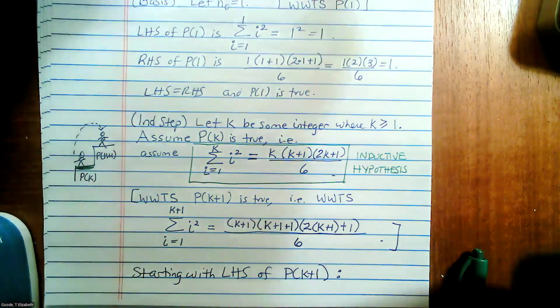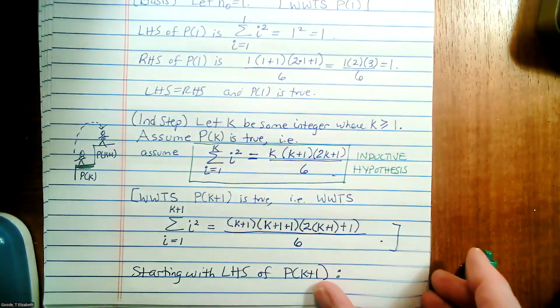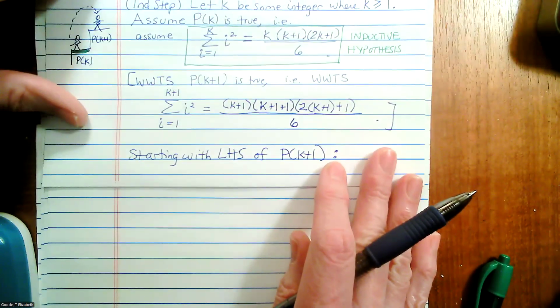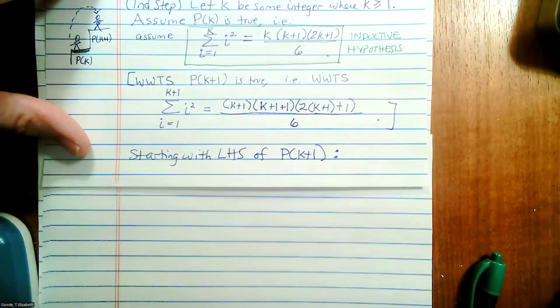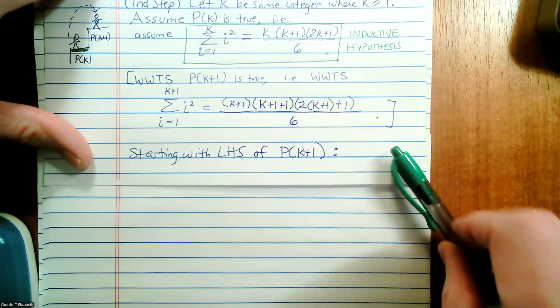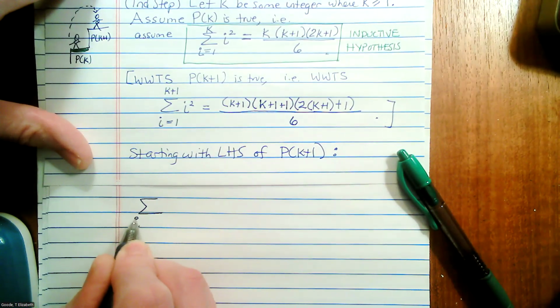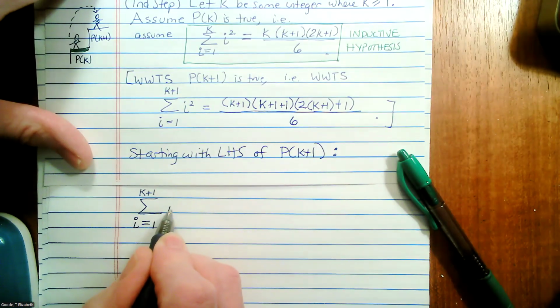We've learned all these nice skills. One of the important skills, Rebecca, that we learned and practiced before we really dug into induction was how to break off the last term of a sum. The reason we like to do that is, look, this sum goes from I equals 1 to K plus 1 of I squared.